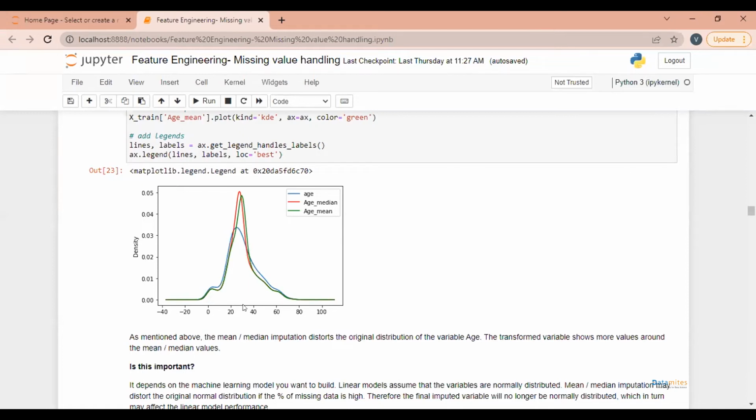So in the middle part, where the mean or median is present, you will see a huge increment in the counts. The original distribution has been distorted a bit. The transformed variable shows more values accumulated around the mean or the median.